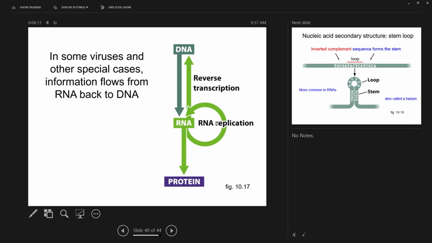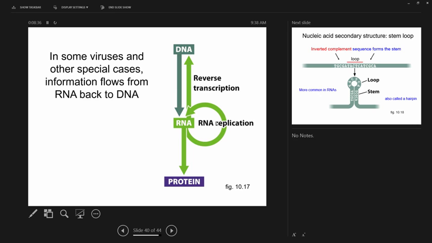But generally, you can have a gene where this part that I've circled, 5' to 3', will code for a protein when it's transcribed into RNA.